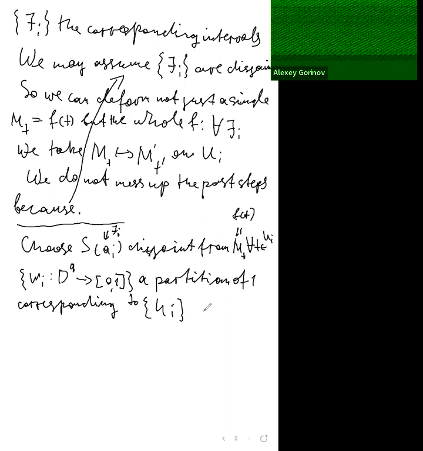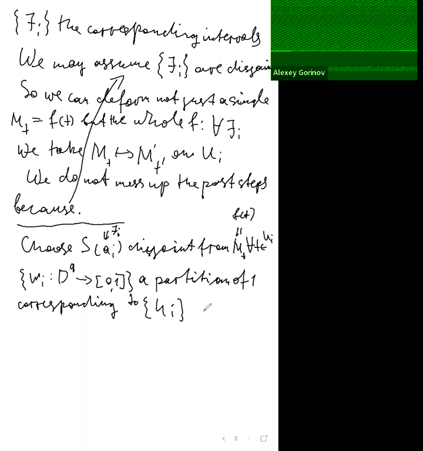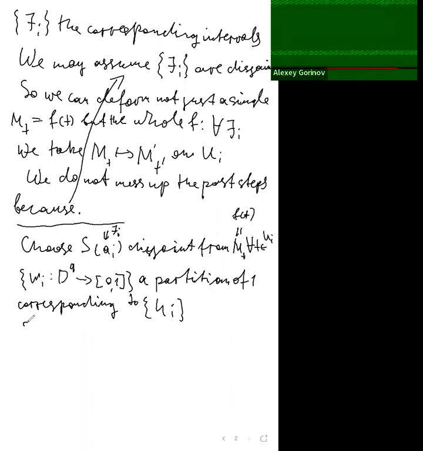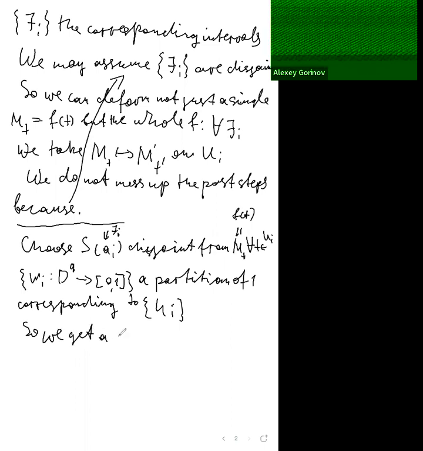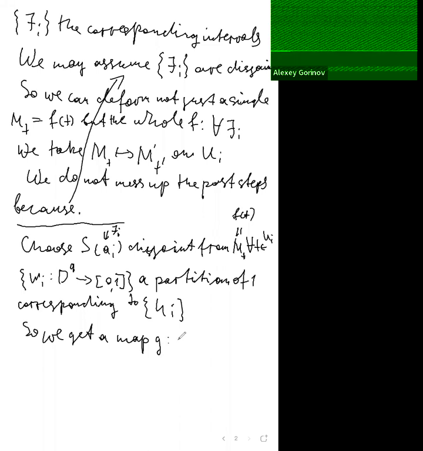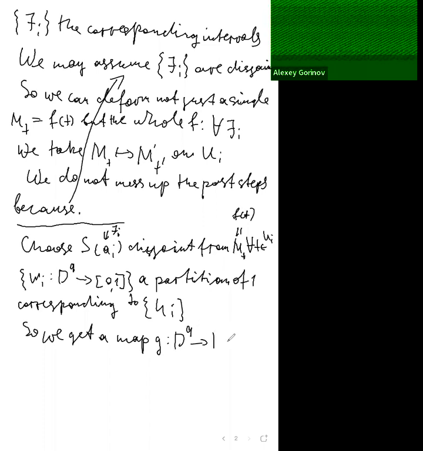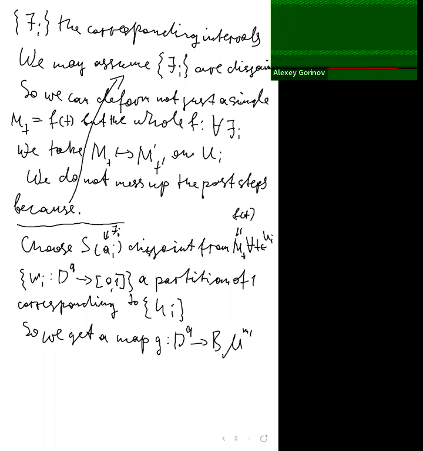So, well, we're almost done. I claim that this gives me a map from the Q disk to B, M, and K.